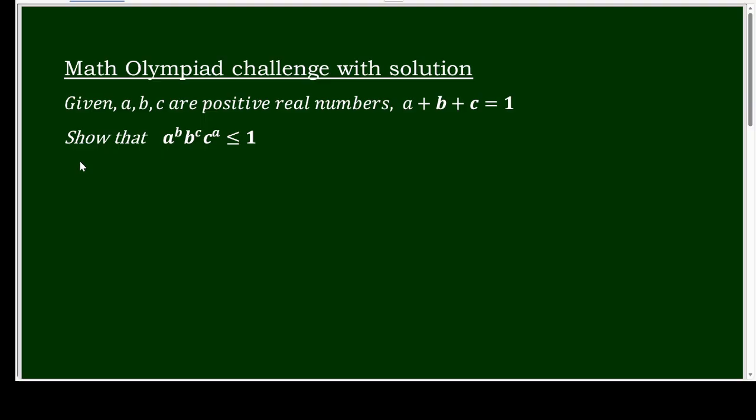So here, this question is based on the weighted arithmetic mean, geometric mean inequality.